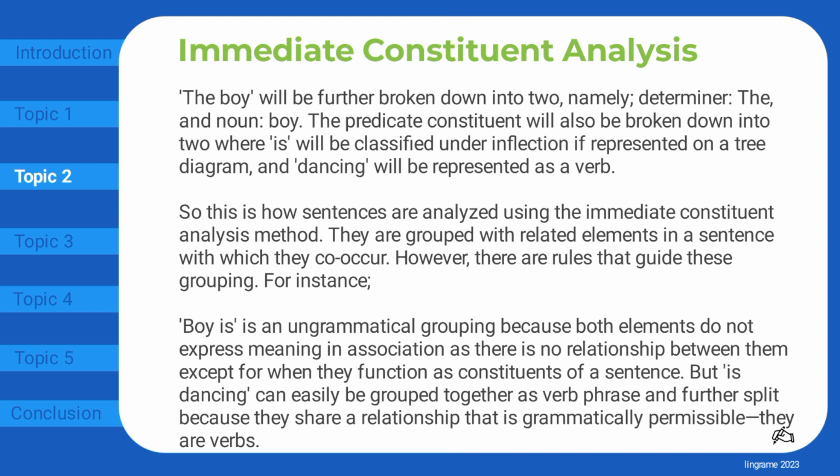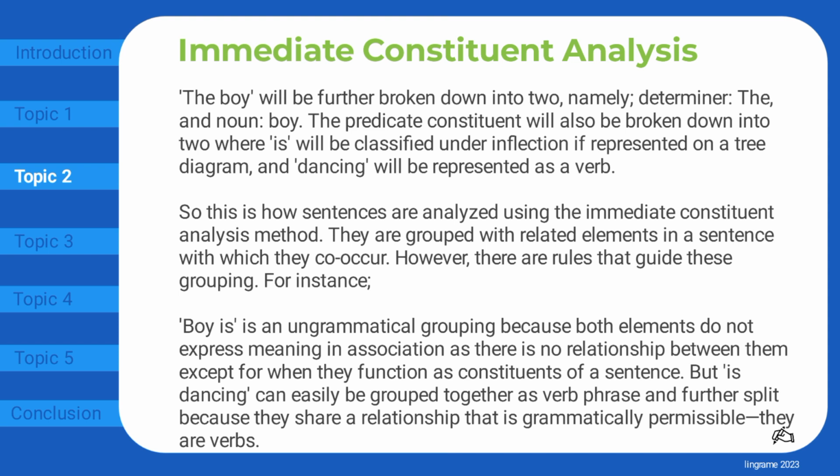The predicate constituent will also be broken down into 2, where is will be classified under inflection if represented on a tree diagram, and dancing will be represented as a verb. So this is how sentences are analyzed using the immediate constituent analysis method. They are grouped with related elements in a sentence with which they co-occur.